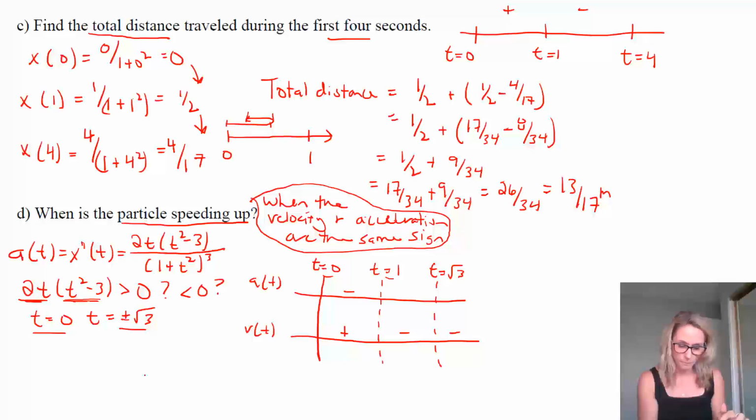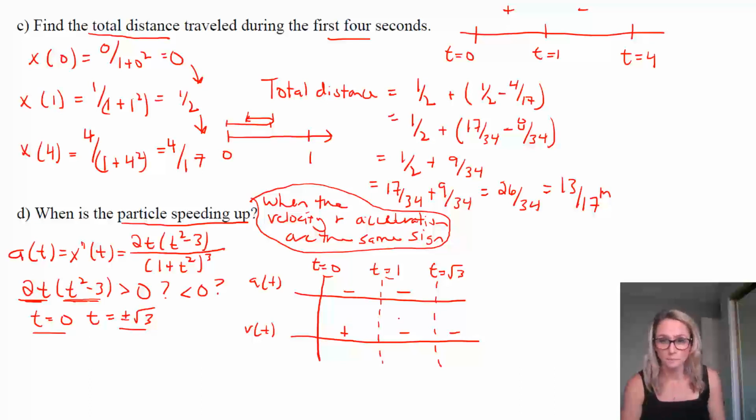If I take 1.5 and I square it, I'm going to get 2.25. And if I take 2.25 and subtract 3, that's still going to be negative. So again, I have a positive times a negative, so a negative here. But now I have the same signs, so that matters. That's telling me that it's speeding up, but in the negative direction.